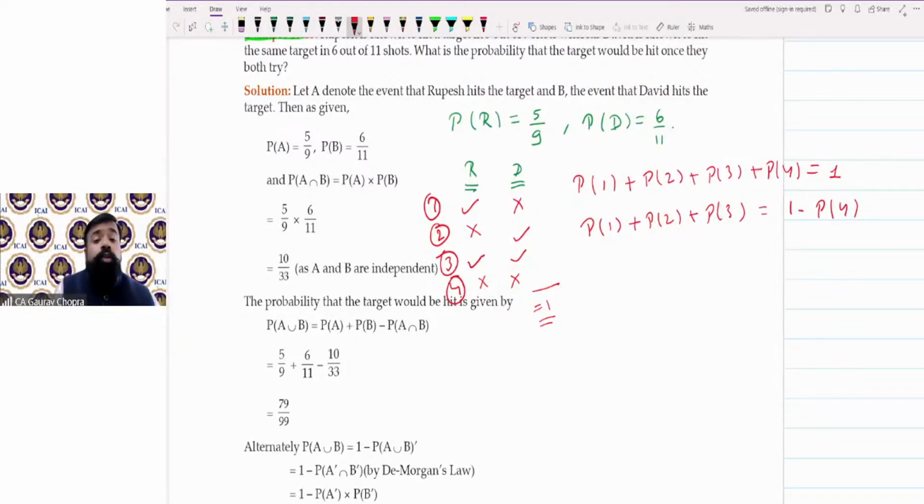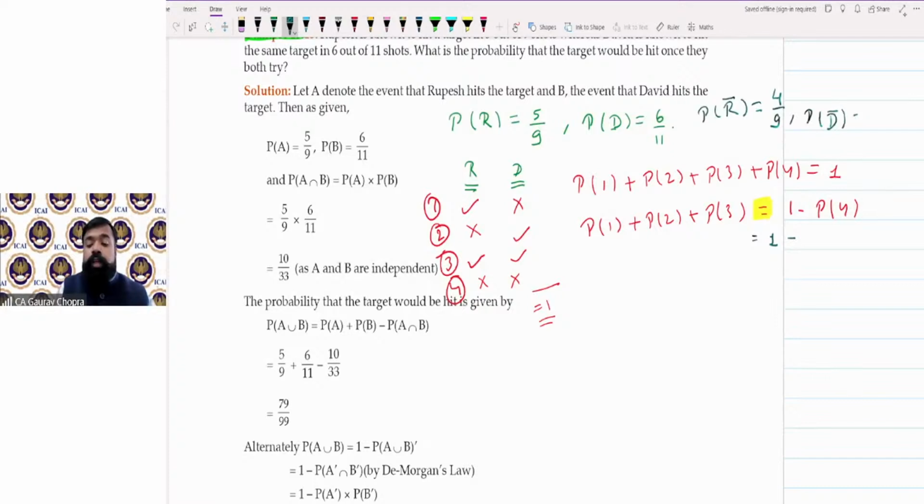Now whether you solve the left-hand side or the right-hand side, the answer will be the same, because there is an equal-to sign in between. Which one is easier to solve? Of course, the right-hand side: 1 minus the probability of not hitting the target. Rupesh can hit the target with probability 5 by 9, so the probability that Rupesh will not hit is 1 minus 5 by 9, which is 4 by 9.